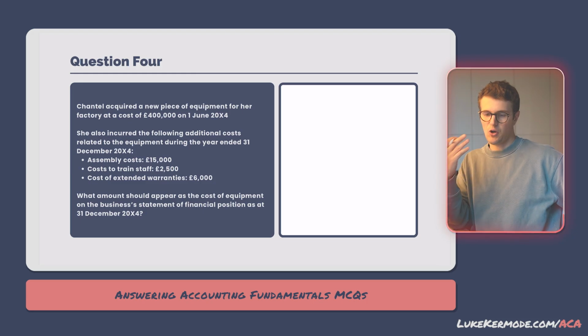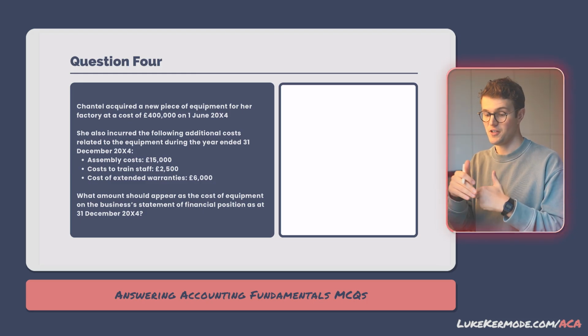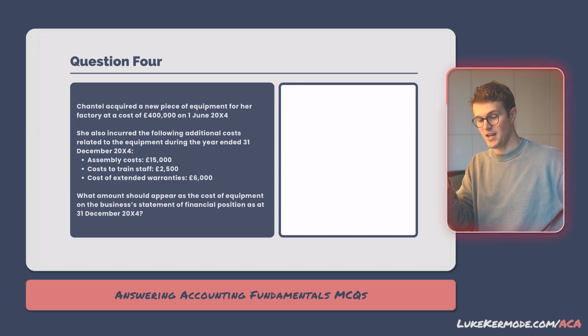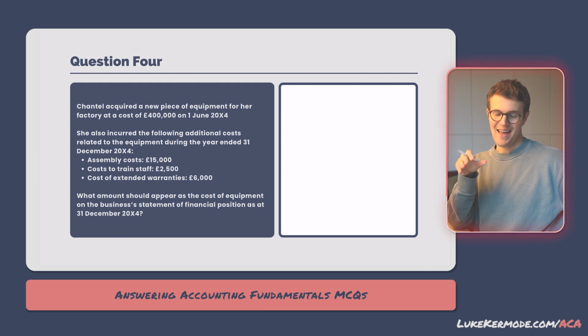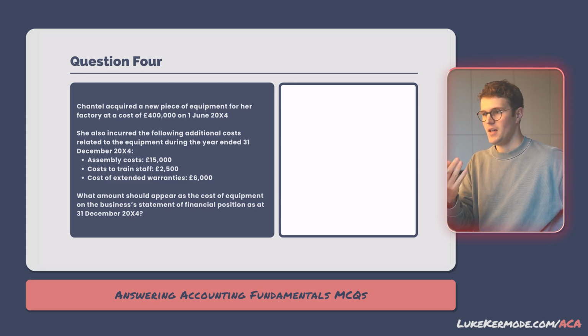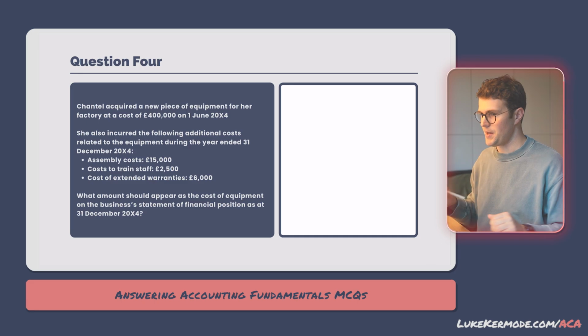Okay, so when we calculate the cost of equipment, the rule that we need to follow is that we need to include all the costs that are directly attributable to bringing the asset to the location and condition necessary for it to be capable of operating as intended. In other words, anything that's part of getting the asset ready for use is capitalized, and anything else needs to be expensed in the income statement.